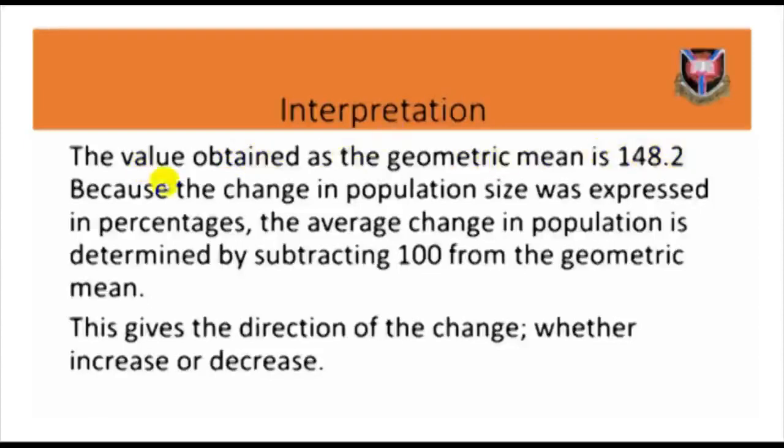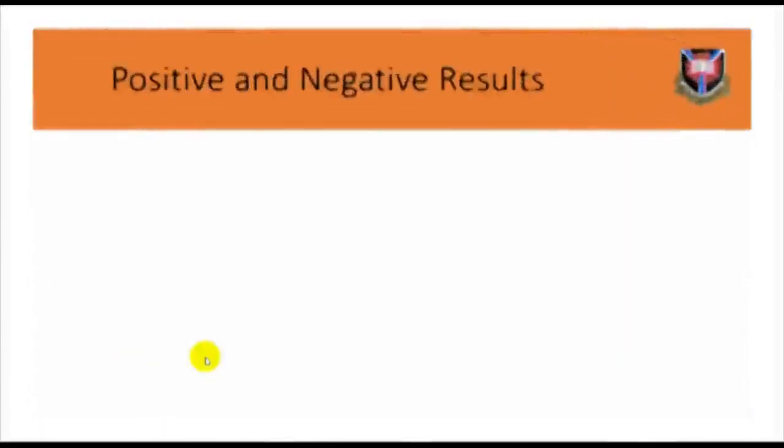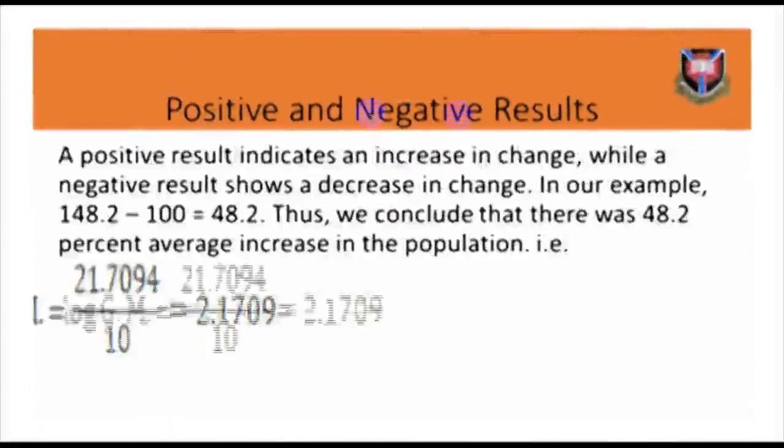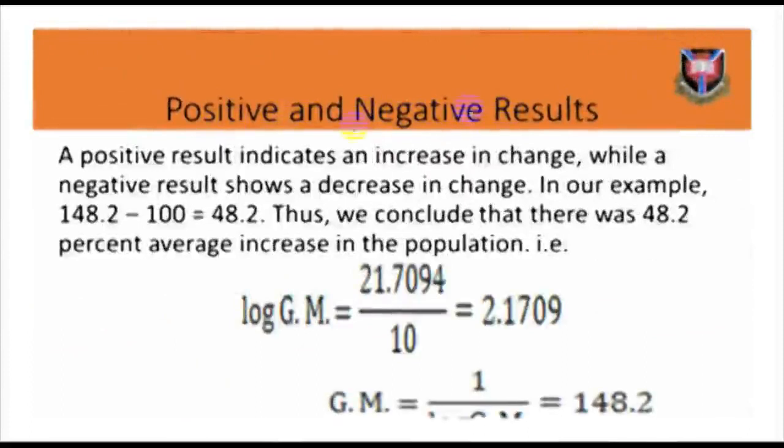Because the change in population size was expressed in percentages, the average change in population is determined by subtracting 100 from the geometric mean. This gives the direction of the change, whether increase or decrease. A positive result indicates an increase, while a negative result shows a decrease.